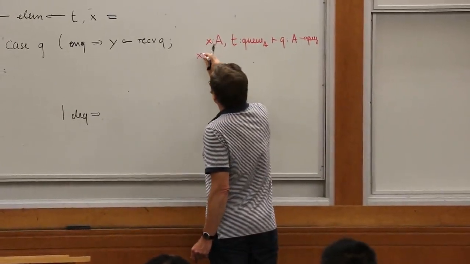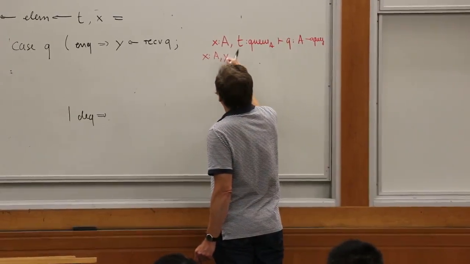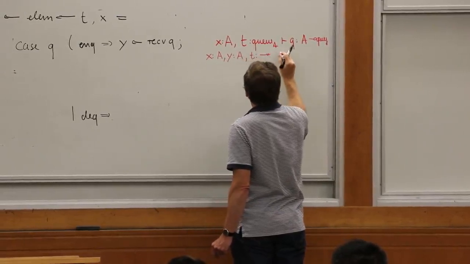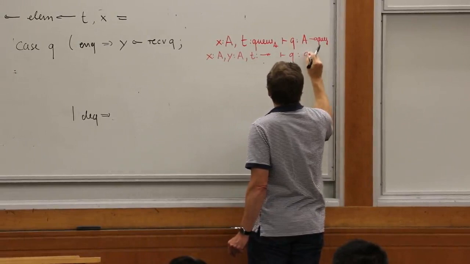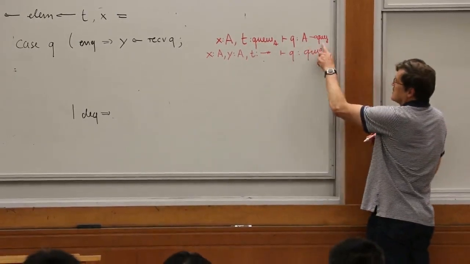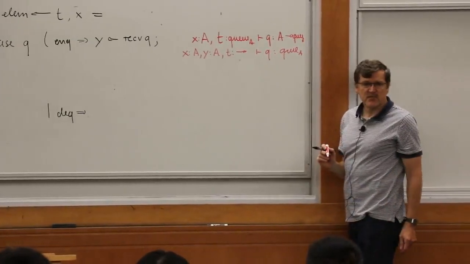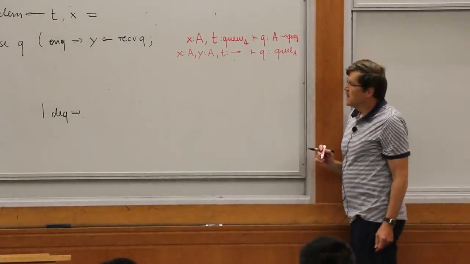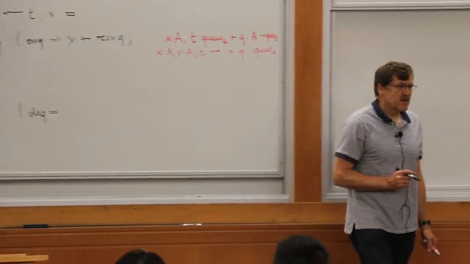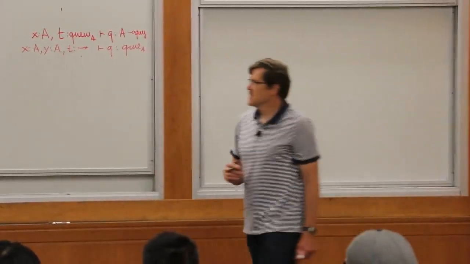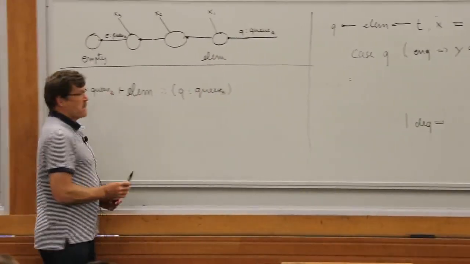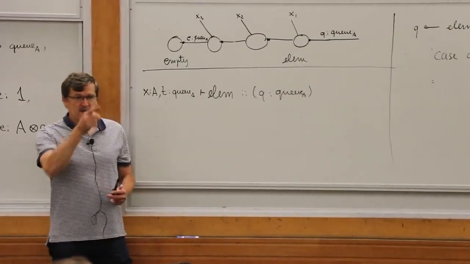We have X colon A, we have Y colon A, we have T colon Q that hasn't changed, and the right-hand side has type Q now, because we have received the A, so the continuation is we're back at Q. So we hold the X and the Y. Now actually we have to think about the algorithm. What's the algorithm? If you get an element being passed into this queue, okay, yeah?